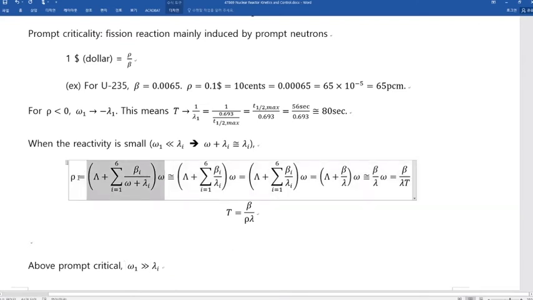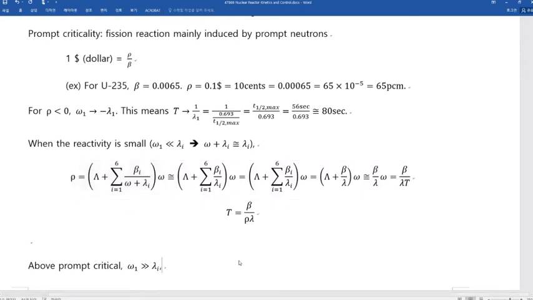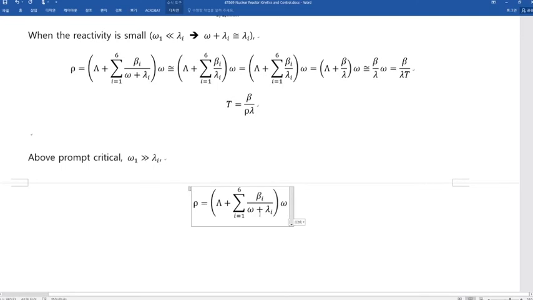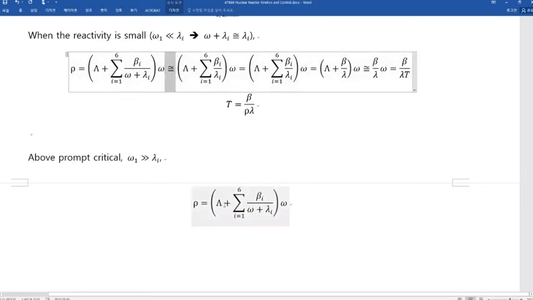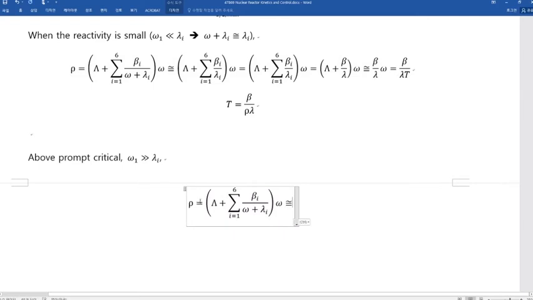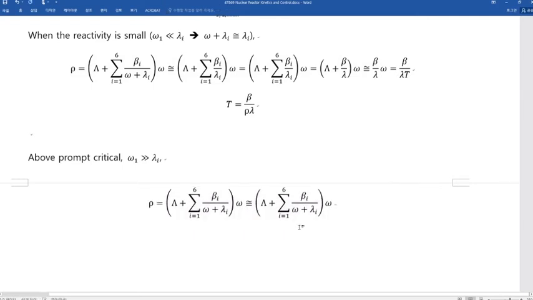From this original equation, what can we learn? The sum of the two may be governed by, so this is approximated, and this would be mainly governed by omega.